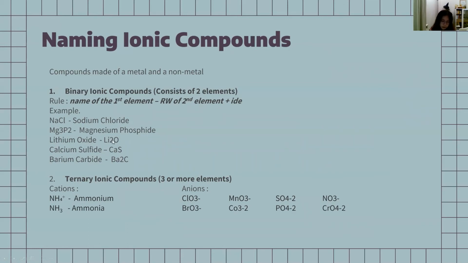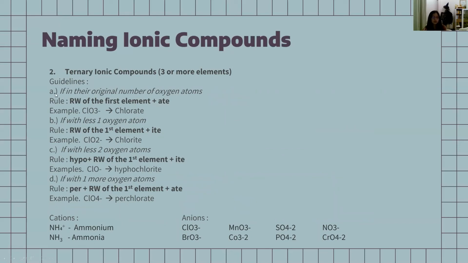So lithium oxide is Li2O. Same goes to calcium sulfide and barium carbide. And then ternary ionic compounds. Cations is this one. This is already standard for ternary ionic compounds, so it's already there.